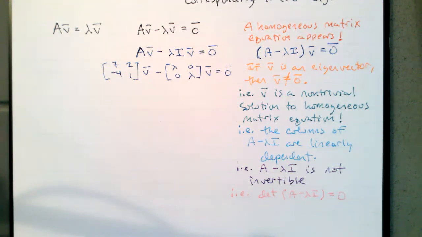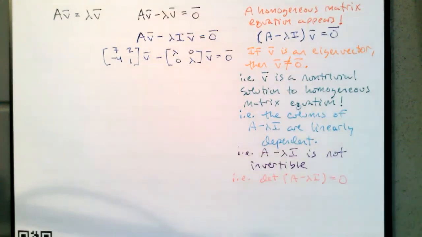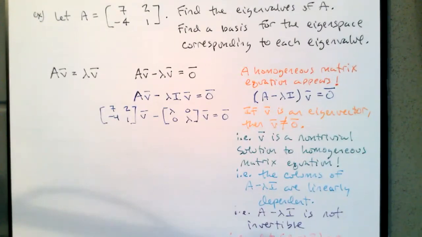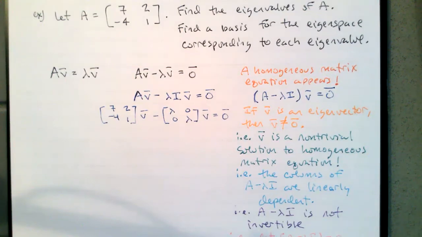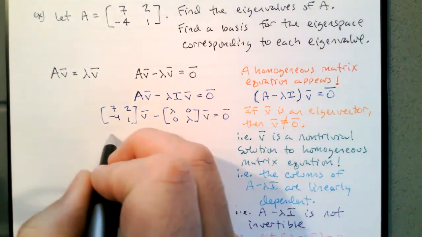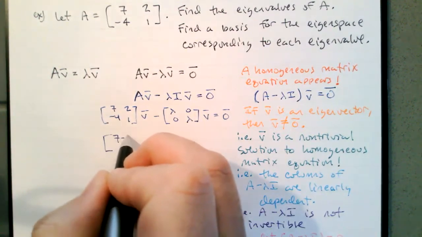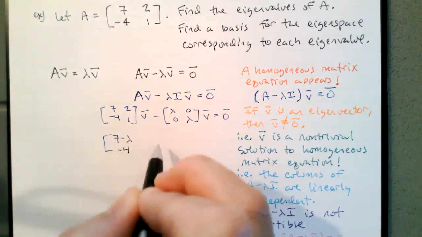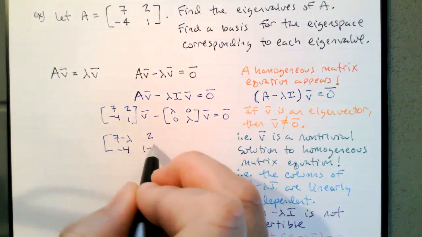Let's look at the matrix A minus lambda I. So I have the matrix 7, -4, 2, 1. I'm going to look at the matrix A minus lambda I. So that's going to be this matrix, 7 minus lambda, -4, 2, and then 1 minus lambda.